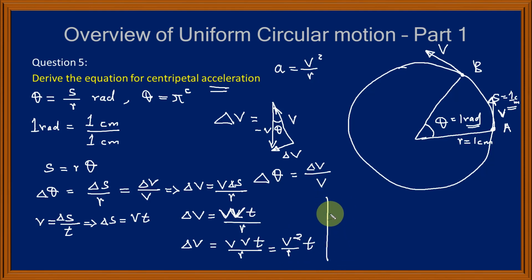We're just one step away from deriving this equation here. So I'm going to divide both sides by T. If I divide this side by T and this side by T, you will definitely be able to see that I've got delta V over T, and delta V over T is acceleration.